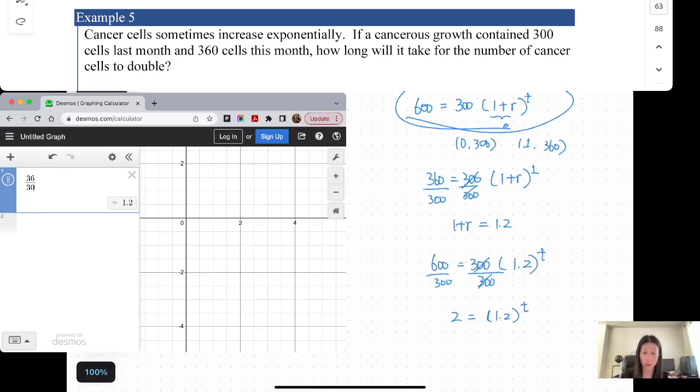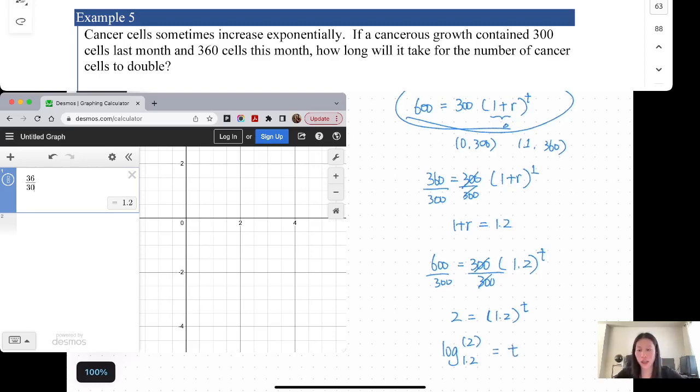Well, the unknown variable is in the exponent. You can convert it to a logarithm function, which is log, the base is 1.2, the base remains the same, and then output becomes input, input becomes output. So t equals that.